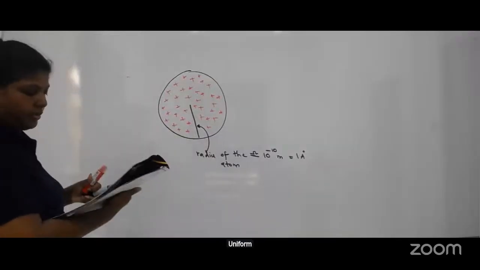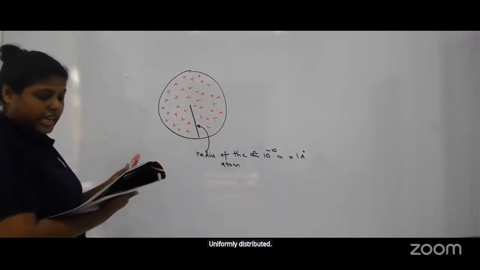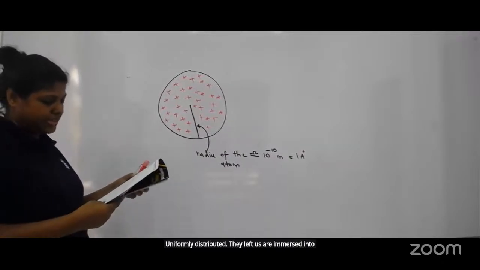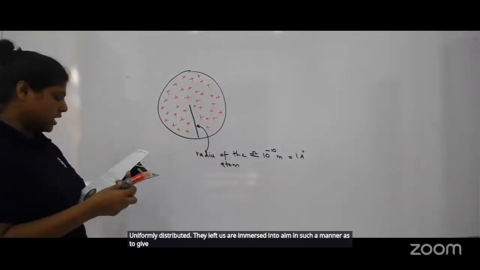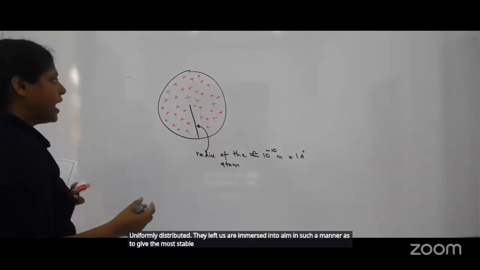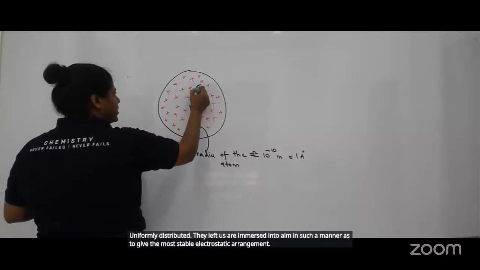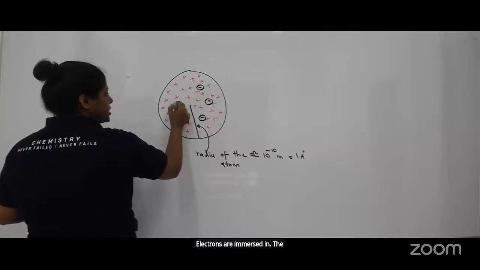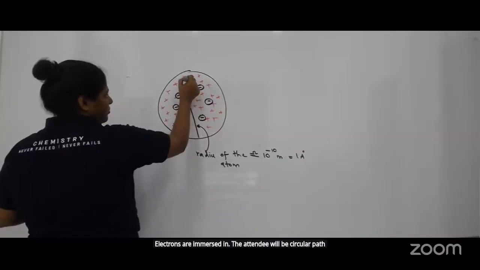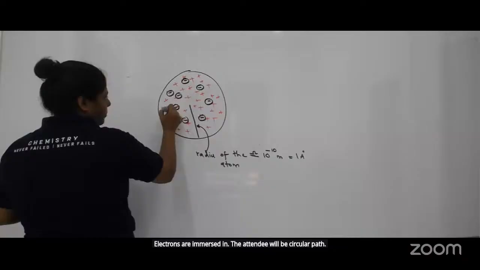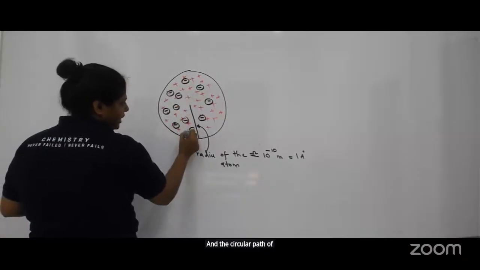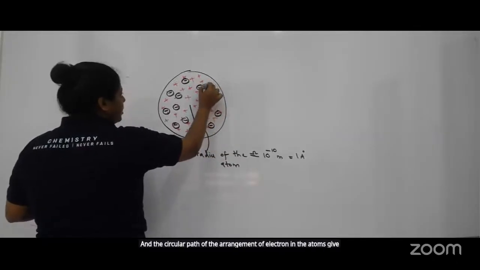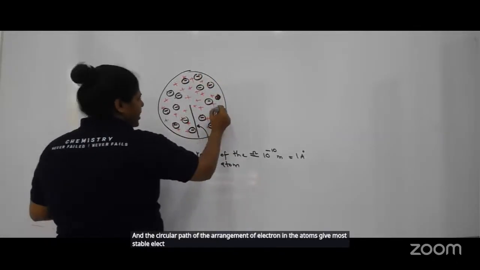The electrons are immersed in it in such a manner as to give the most stable electrostatic arrangement. Electrons are immersed in the atom in a circular path, and this arrangement of electrons gives the most stable electrostatic attraction.